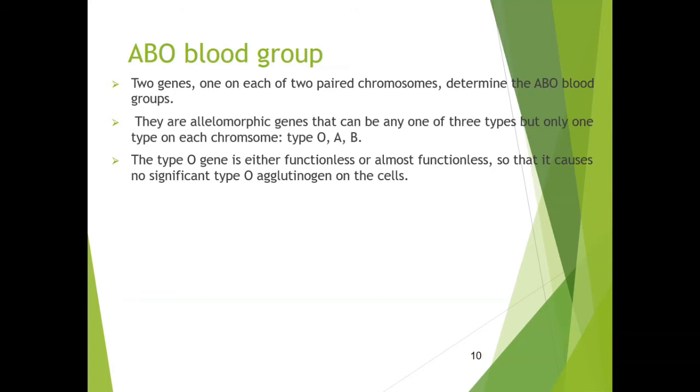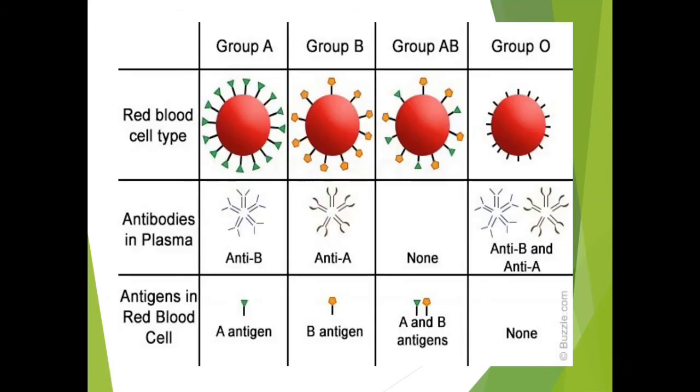So this table is very important. We would understand it better in this table. For group A, the antibodies in plasma would be anti-B, not anti-A, and the antigen on the red blood cell would be A. Therefore, the blood group is A. While blood group B has antibodies in plasma that are anti-A.